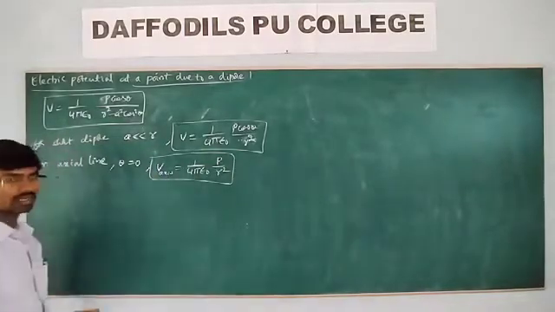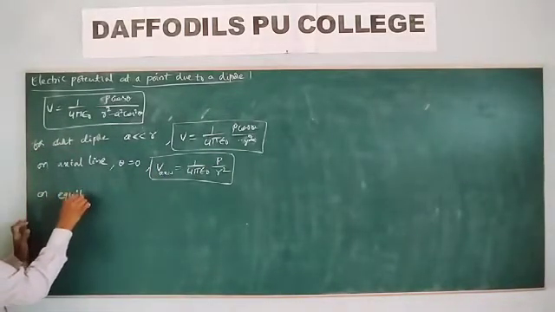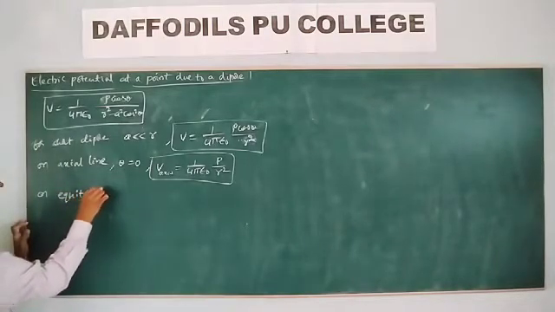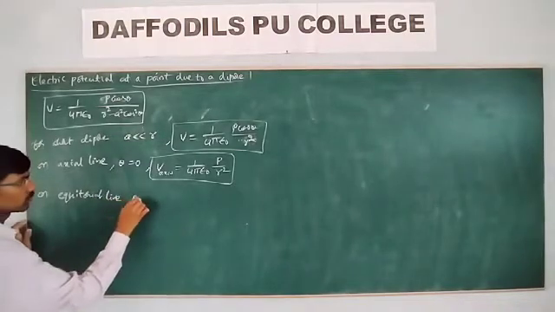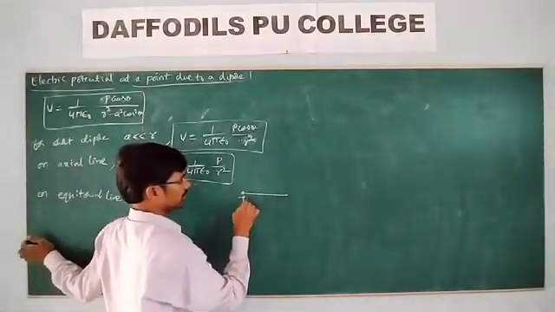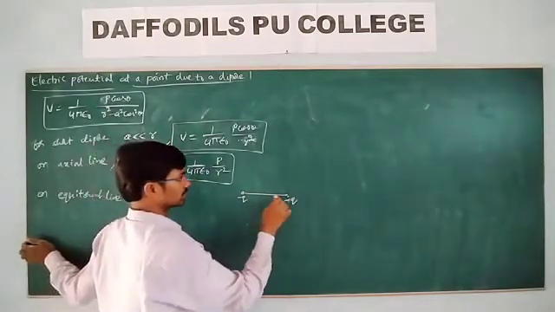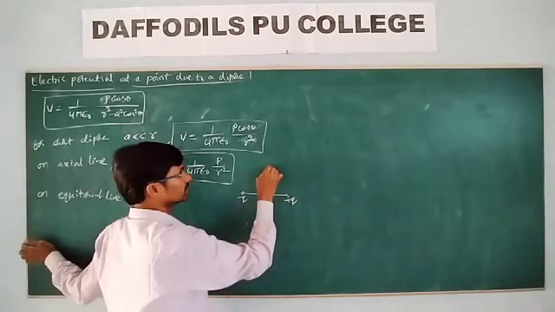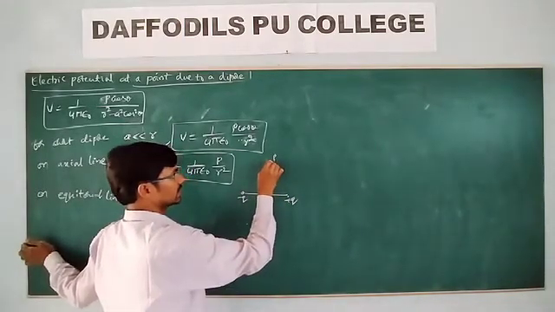On the equatorial line, theta is equal to what? 90 degrees. Equatorial means minus q, plus q, this is the center, and this is a point P, which is at a distance r.